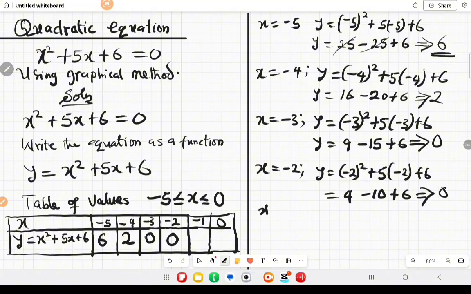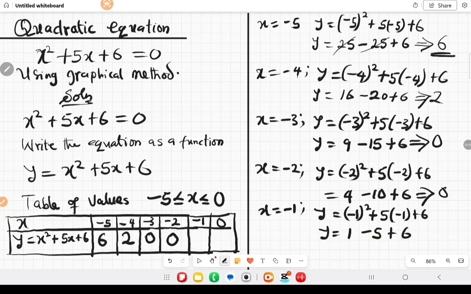Then we take x equal to minus 1. We have y equals minus 1 all squared plus 5 times minus 1 plus 6. Minus 1 squared gives us 1. 5 times minus 1 gives us minus 5, plus 6. When we add this, 1 minus 5 plus 6 gives us 2.